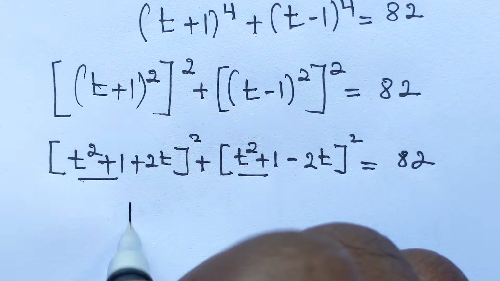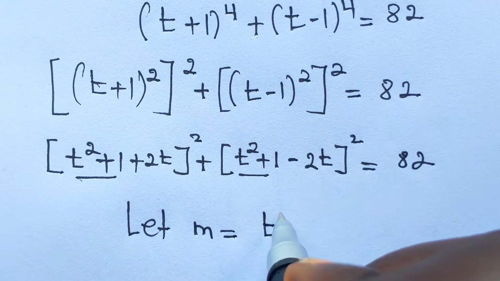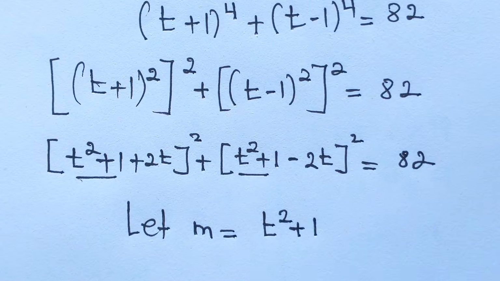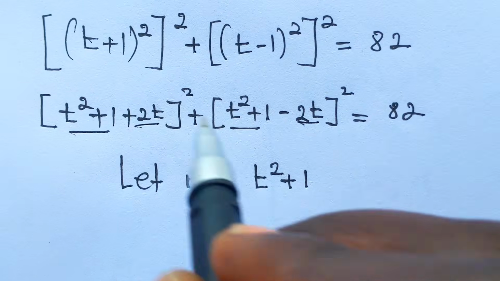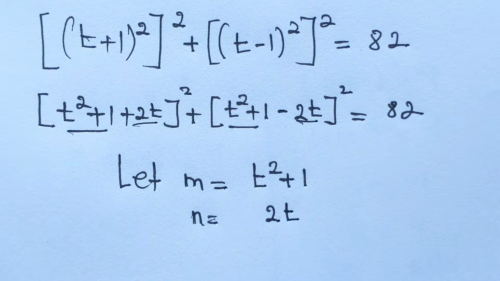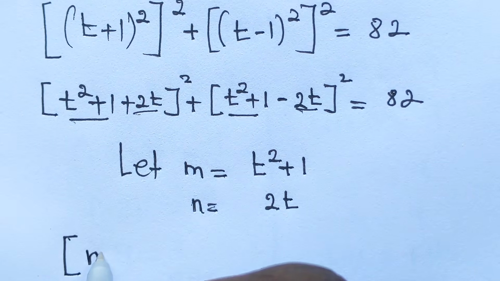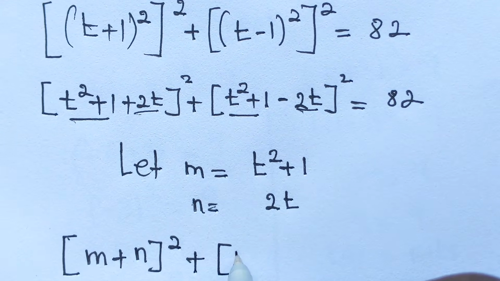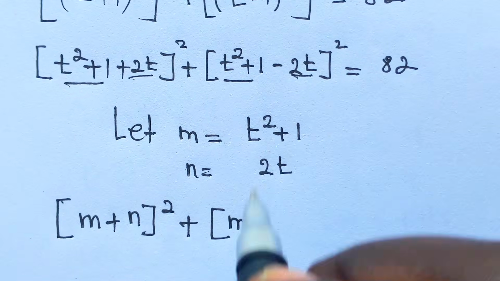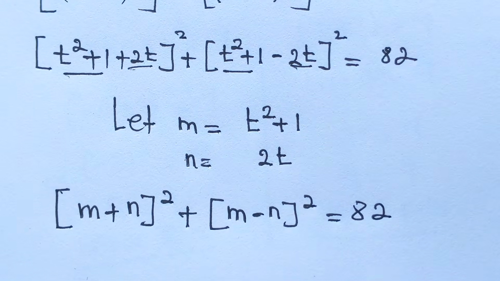We can rename: let m be equal to t squared plus 1, and n be 2t. In this formula we shall say (m + n) squared plus (m - n) squared is equal to 82.